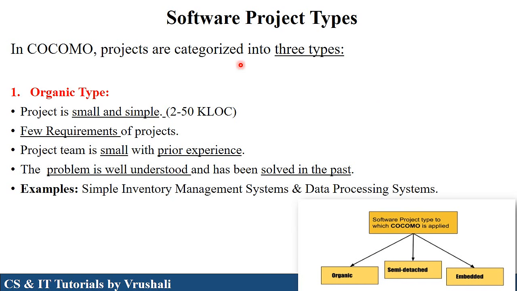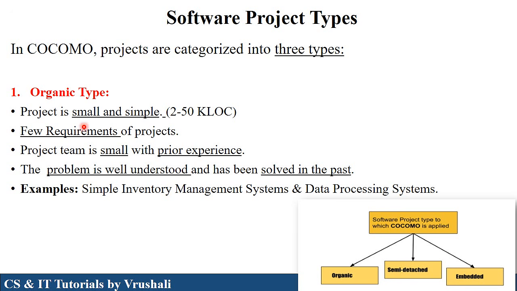The next topic is software project types. COCOMO model is applied on three types of project: organic type, semi-detached type, and embedded type of project. First, we understand organic type of project. There are some projects which are very small and simple. They have only a few requirements, and there are only 2 to 50 lines of code.